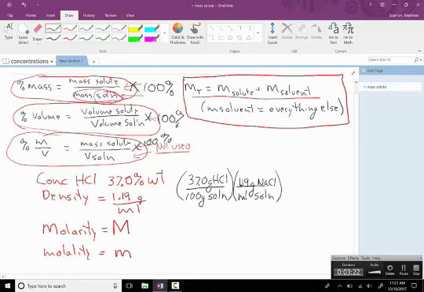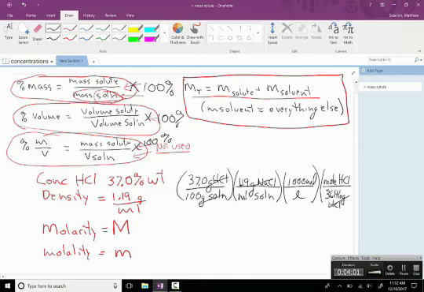That's the density of the thing, times 1,000 milliliters per liter, times the molar mass of it: 1 mole HCl per 36.46 grams of HCl.